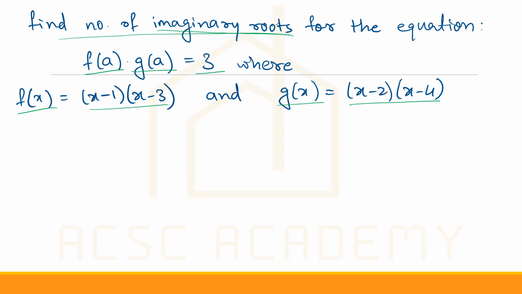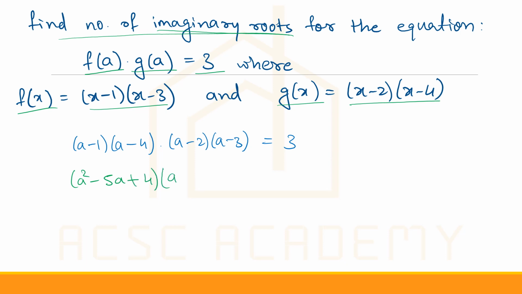So we will take (a minus 1) and (a minus 4) together, and (a minus 2), (a minus 3) together, equal to 3. Now let us again expand them in the usual way. This will become a squared minus 5a plus 4, a squared minus 5a plus 6 equal to 3.